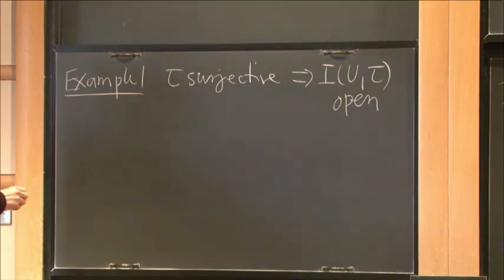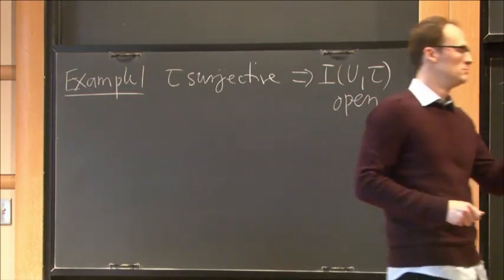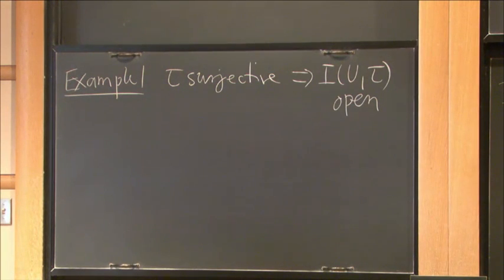if tau is surjective, then the shape is open because you just take a point in there. It comes from some Lagrangian embedding. And you take a Darboux-Weinstein neighborhood of that.